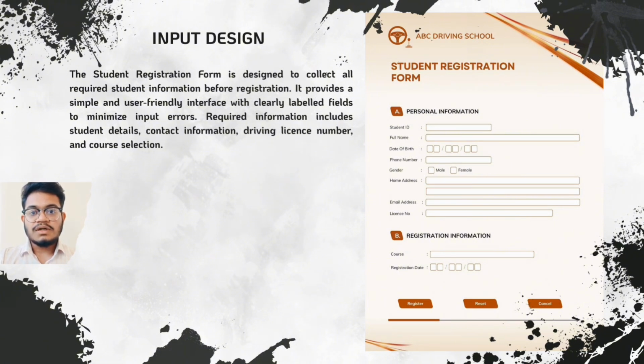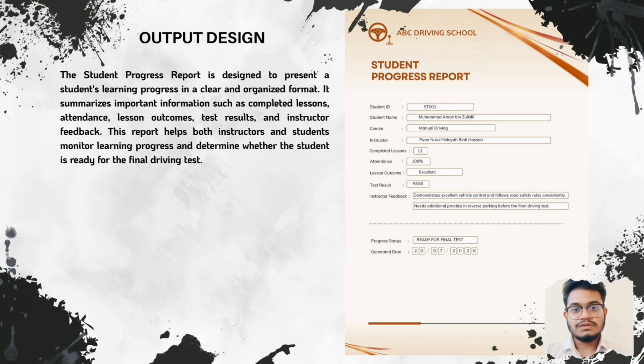The student registration form is designed to collect student information such as personal details, driving license number, and course selection. The form uses clear labels, appropriate input controls, and validation rules to reduce data entry errors. Okay, my next topic is output design.